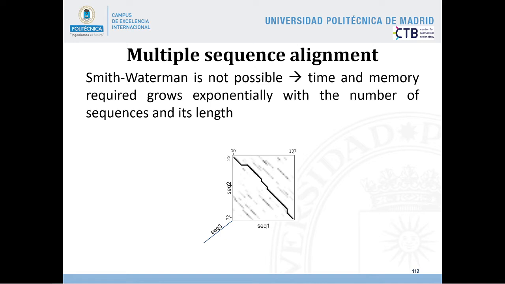It would be ideal to use an analog algorithm to the Smith-Waterman, that, if you remember, was that algorithm that went through every combination of the nucleotides or the amino acids in one chain versus the other, and gave scores of how much it cost to go from one to another, and then followed the path with the lowest values.